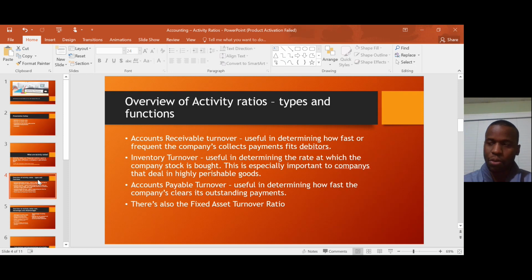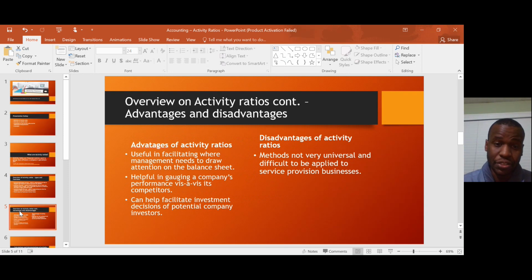Then accounts payable turnover is indicative of how fast a company clears its debts, what it owes its creditors. And the advantages of activity ratios, some of them include they facilitate management in as far as where to draw attention on the different items of the balance sheet.